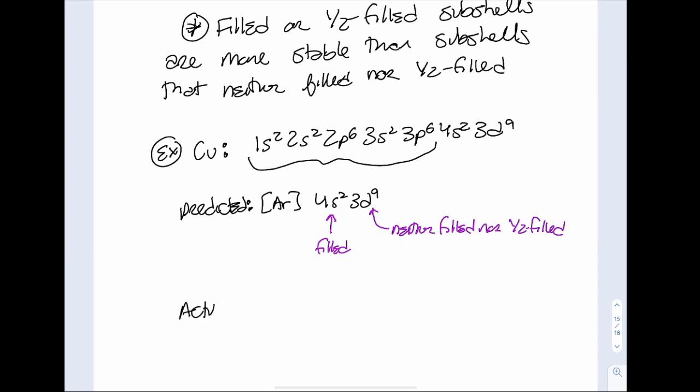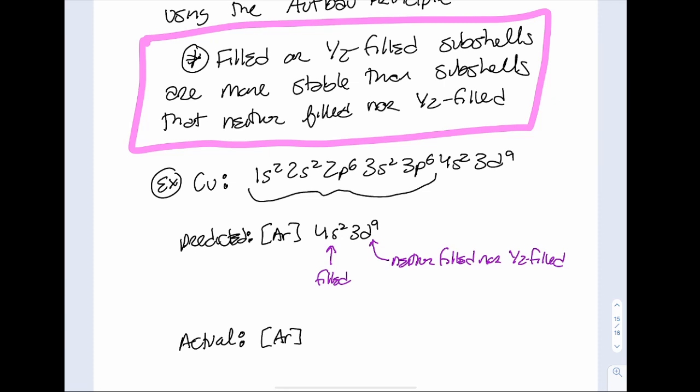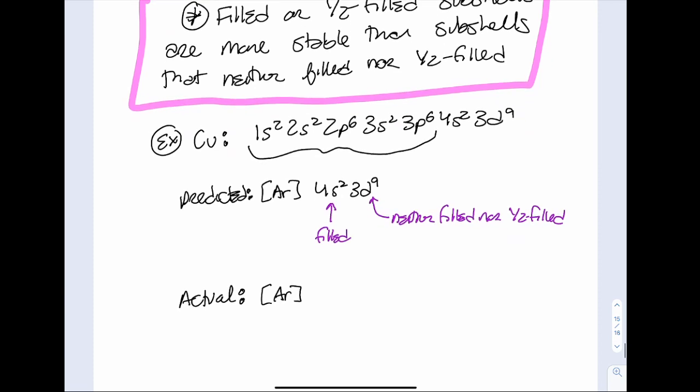This is my actual configuration, because even though I'm moving an electron up to a higher energy orbital, by achieving this, it's actually going to be more stable or lower in energy. So I'm going to take one of those s electrons, so instead of having 4s2, I have 4s1, and I move it up, and I now have 3d10.